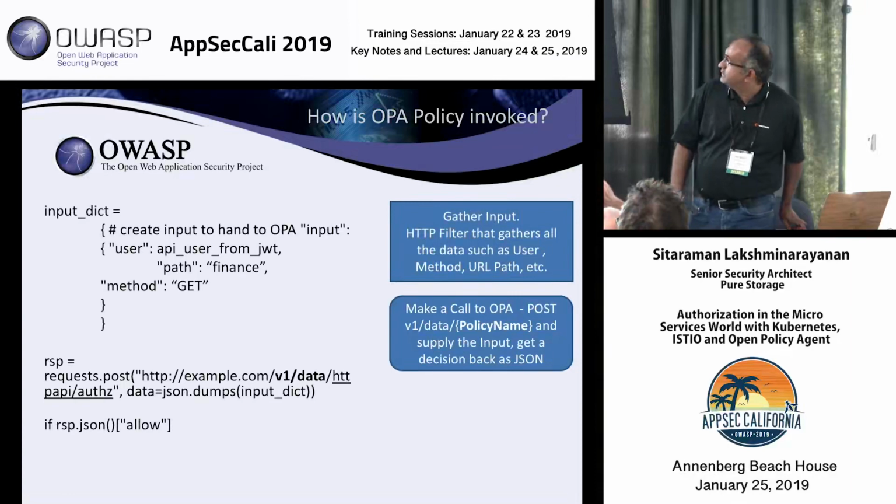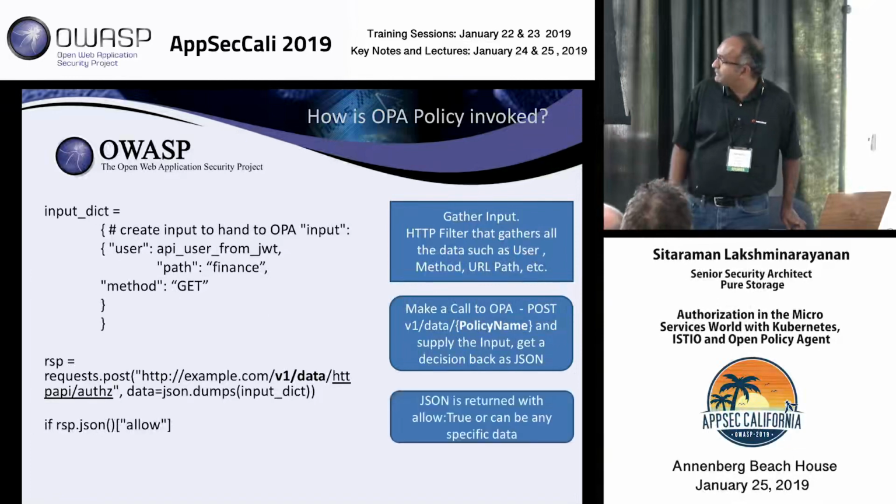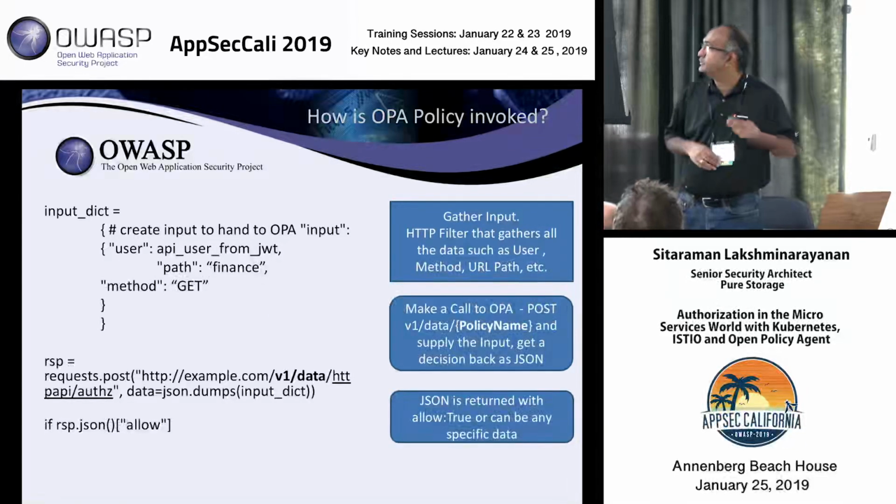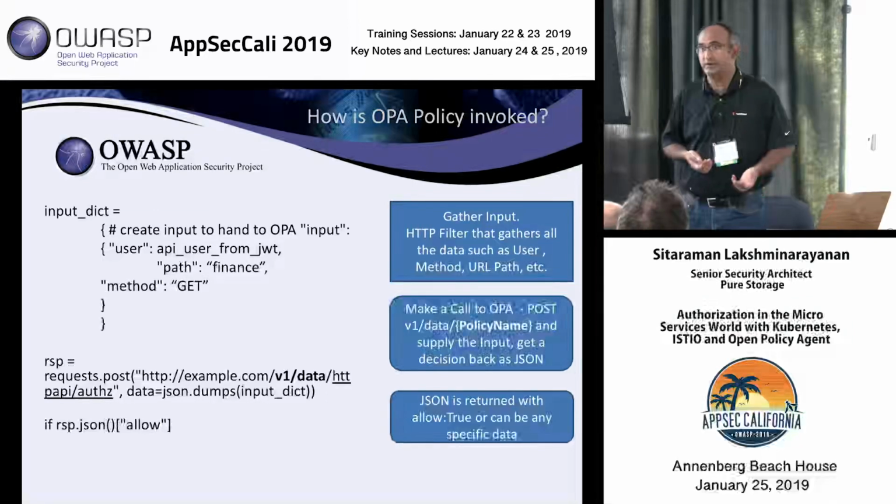So all you're doing is making a call to OPA and saying, whether this input was valid or not. OPA evaluates it and then returns. So with this example, you can go back and say, anybody who's trying to access the finance or salary information, you cannot do this if you're coming from an XYZ IP address.